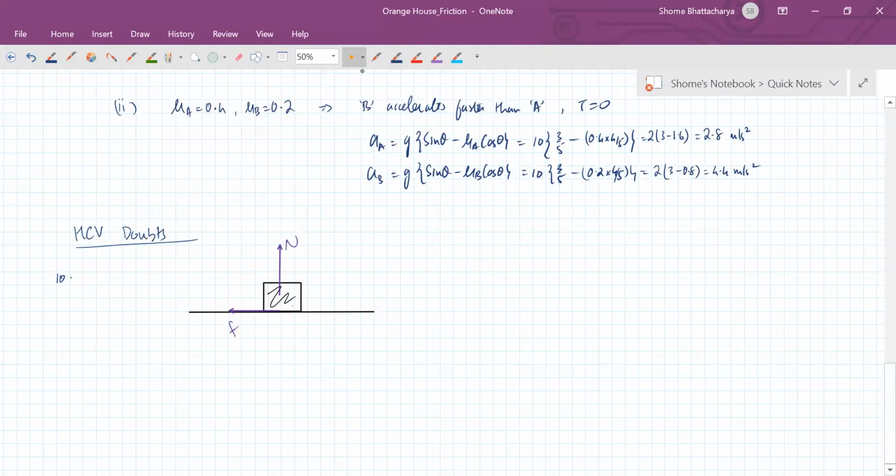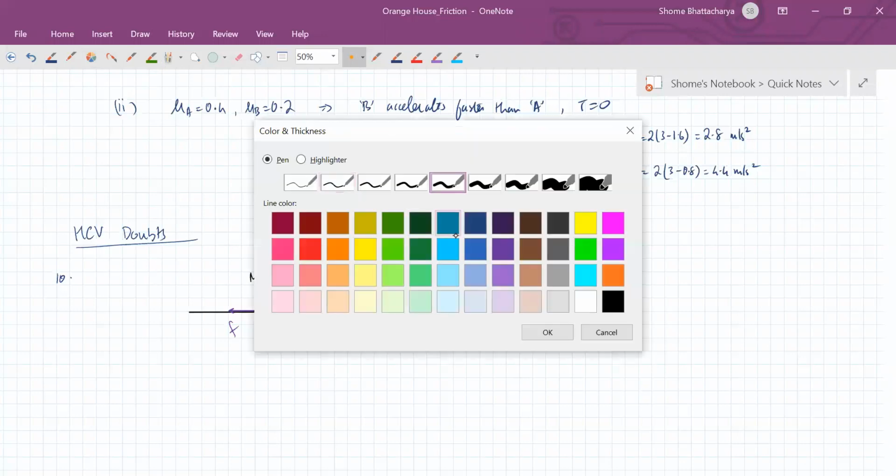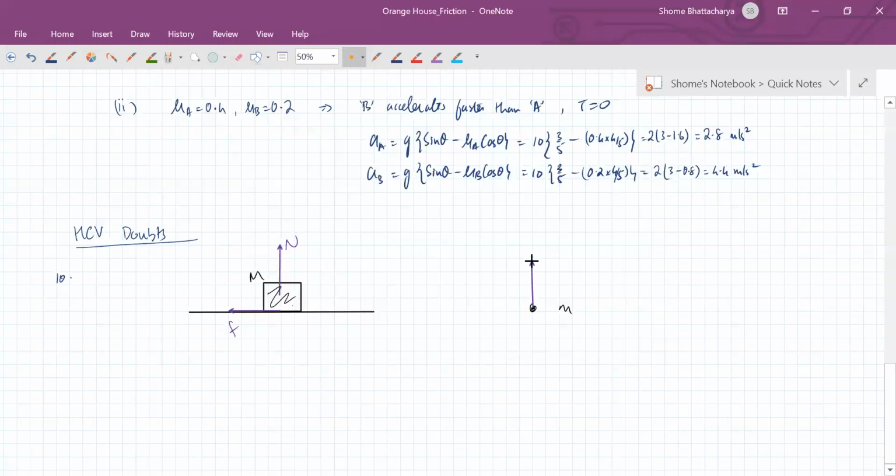So when we make the free body diagram, on this particle, we treat the body like a particle. The two contact forces acting are normal reaction and friction.